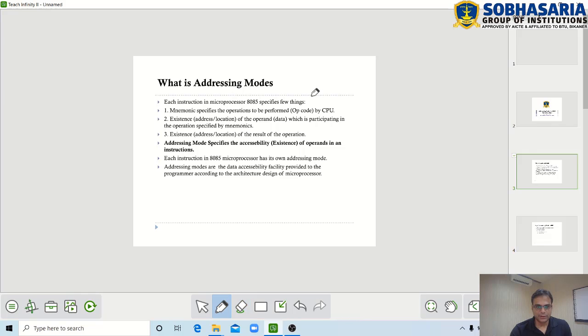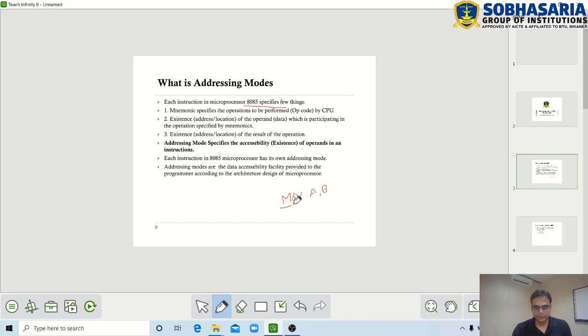Let's review the instructions in the 8085 microprocessor. They perform some task, like mnemonics, which specify the operation of any instruction. For example, if we have an instruction like MOV A comma B, this is an instruction available in the 8085 microprocessor.